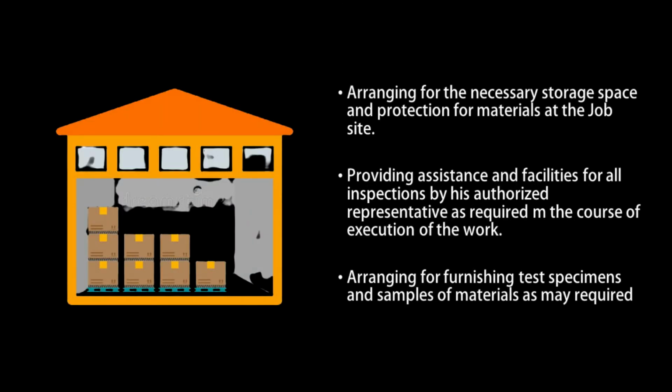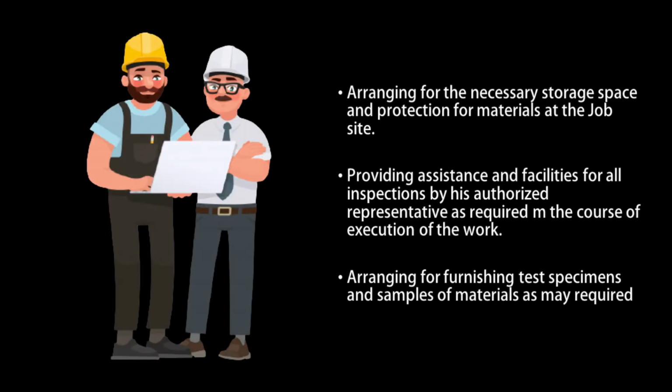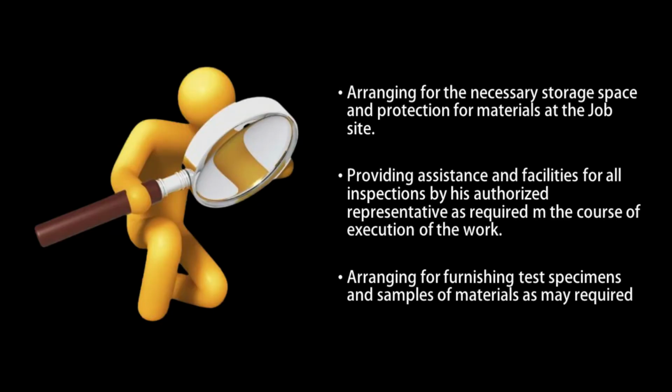Arranging for the necessary storage space and protection for materials at the job site. Providing assistance and facilities for all inspection by the owner or his authorized representative as required in the course of execution of the work. And lastly, arranging for the furnishing of test specimens and samples of materials as may be required.